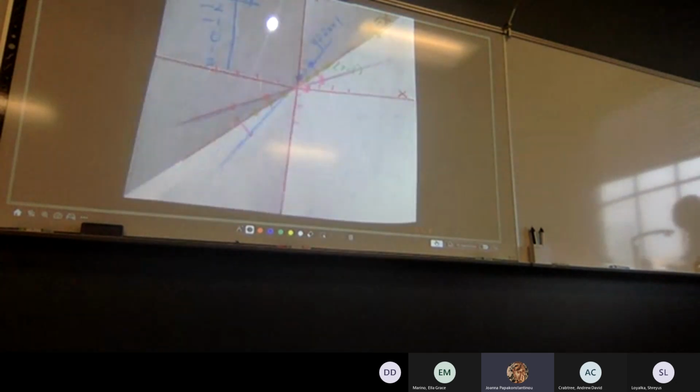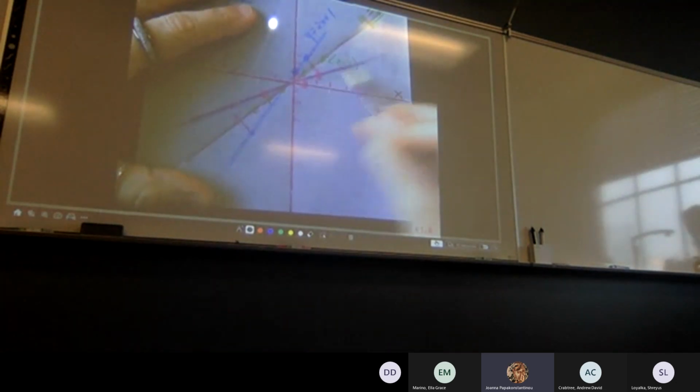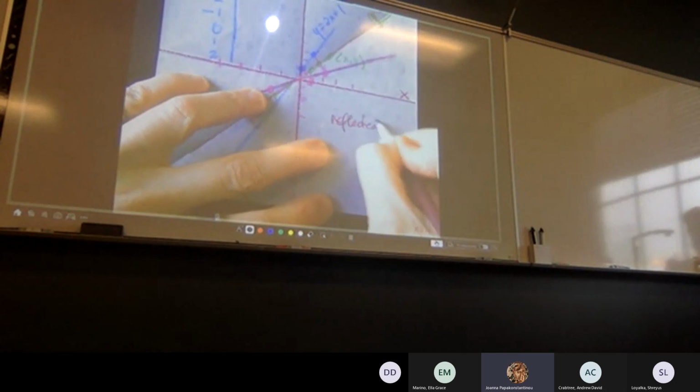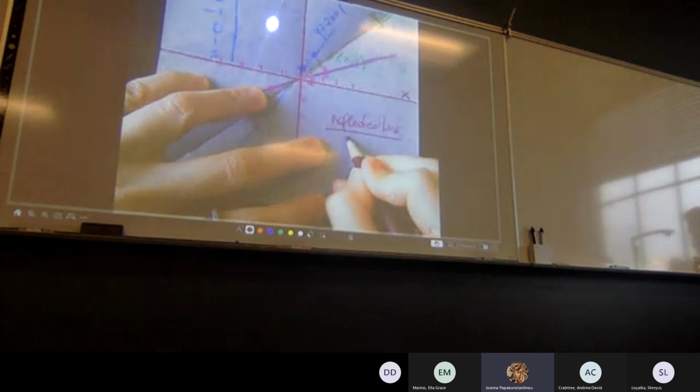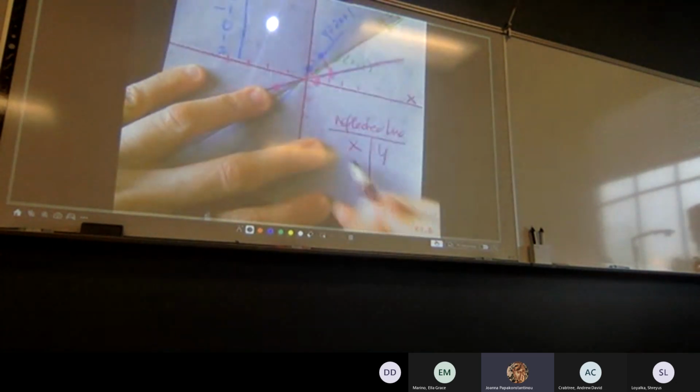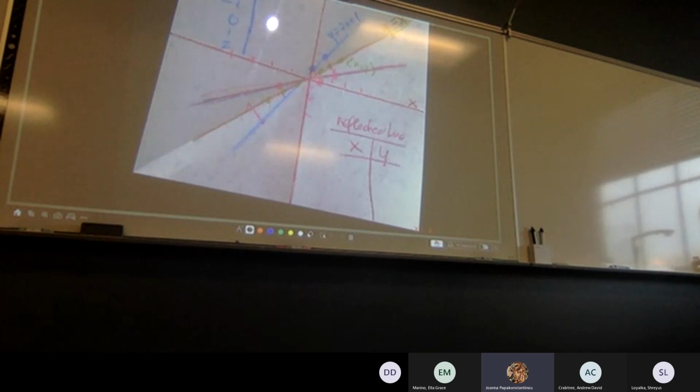Then look at this reflected line and make a table of values, cleverly choosing your x and y values, because the ultimate goal is for you to recognize the relationship of the domain and the range for the original function in relation to the reflected function. You're going to notice something very special.